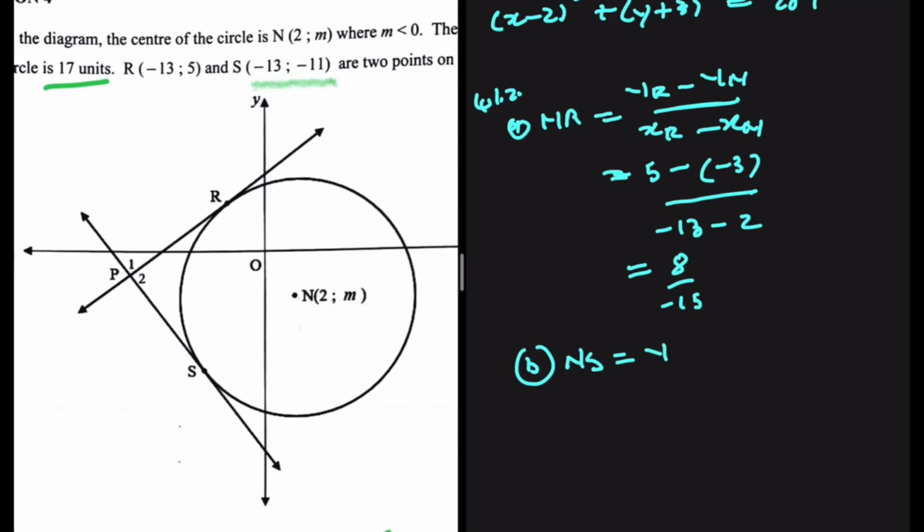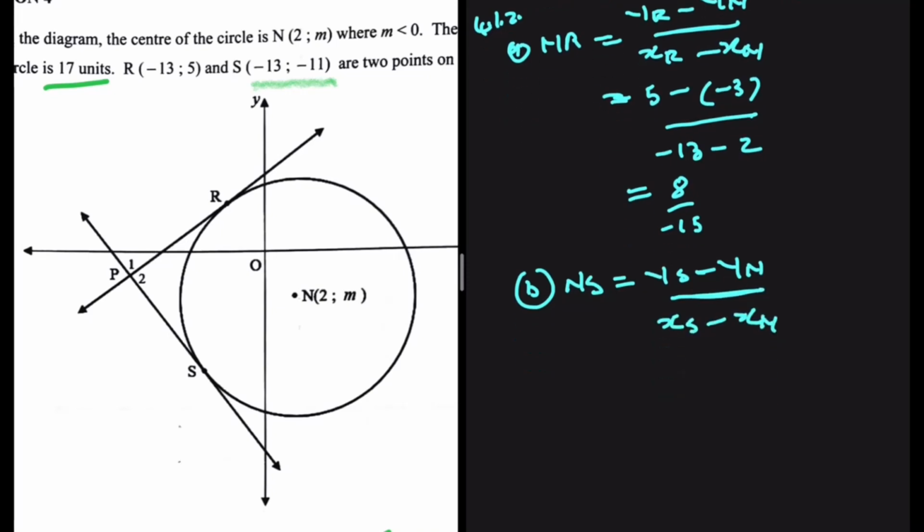So we're going to have y of S minus y of N divided by x of S minus x of N. What is y of S? That is minus 11 minus y of N, which is minus 3.